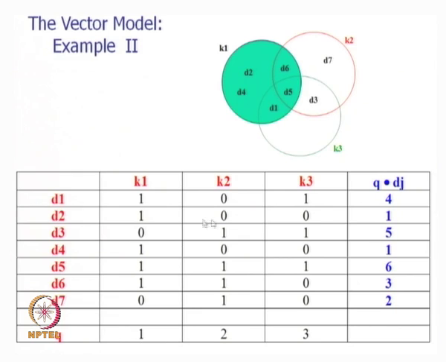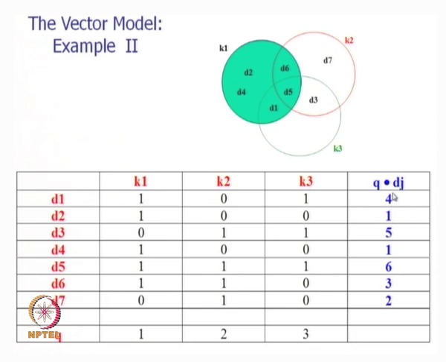So, when that happens, what we find is that the score for D1 is 4, score for D2 is 1, score for D3 is 5, score for D4 is 1, score for D5 is 6, score for D6 is 3, score for D7 is 2. So, D5 is again the winner, because all keywords are present in it and their weightages get added.